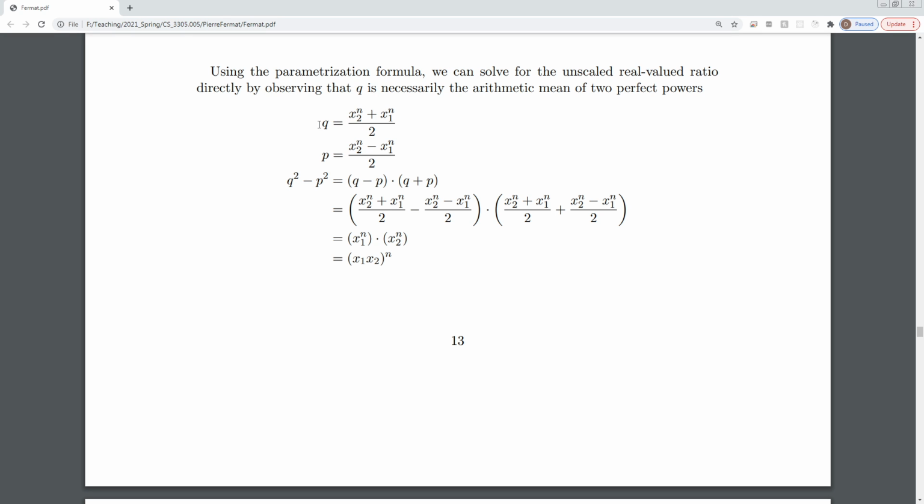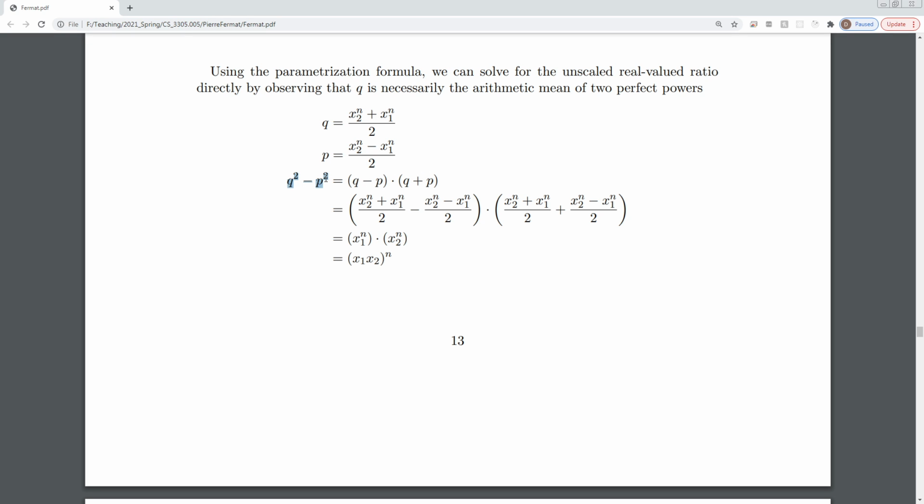So if we set q to be such a midpoint, so pick some arbitrary integer x2, which is larger than x1, and then exponentiate both terms. And if you take their average and we assign that to be q, and then you take p to be half of the difference between them, so that q minus p gets you a perfect power, and so that q plus p gets you a perfect power.